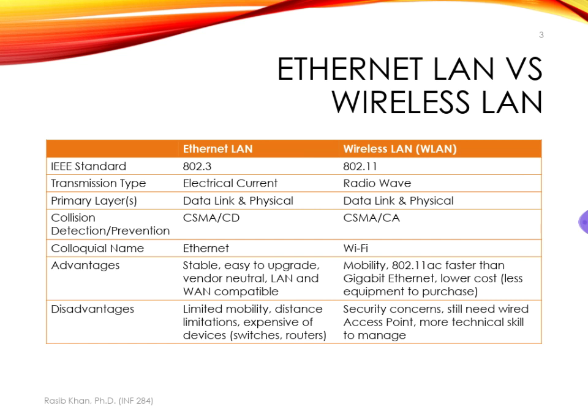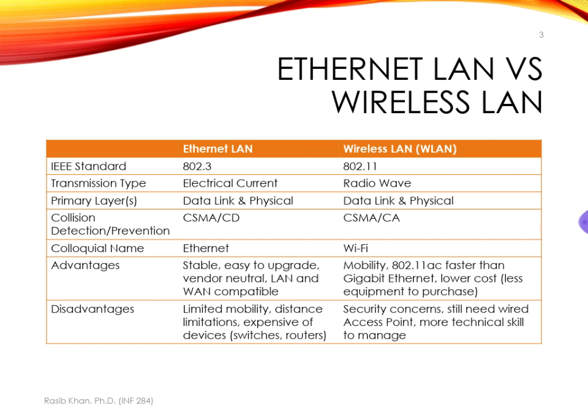The primary layers which are focused with Ethernet LANs are the data link and the physical layer, which applies to both Ethernet and wireless LANs. And we will look at these later on, but these LANs have collision detection and prevention techniques called CSMA/CD for Ethernet, and for wireless LANs it's called CSMA/CA.